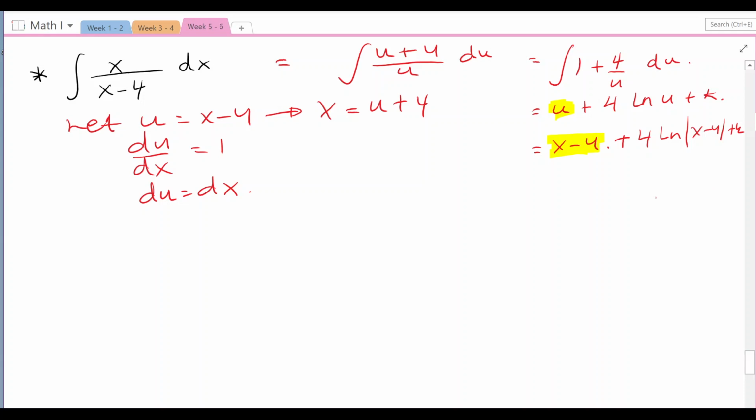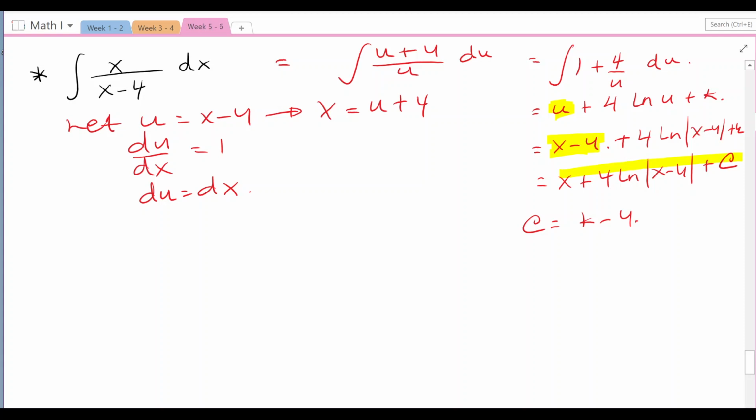And we can move the constant negative 4 to the right hand side, so we only have x plus 4 ln of x minus 4 plus a new constant that we call c, as long as we define c to be equal to k minus 4.